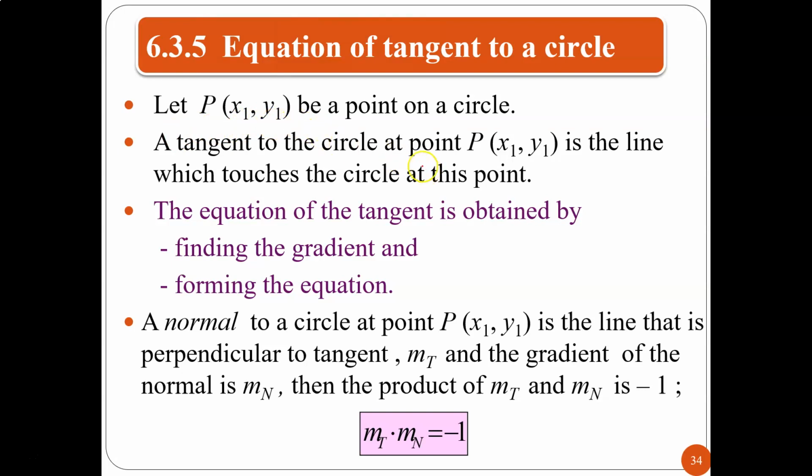A tangent to the circle at point P is the line which touches the circle at this point. So, dia kata tangent to the circle pada point P adalah line yang touch, satu garis lurus yang sentuh circle tu pada titik P tu.